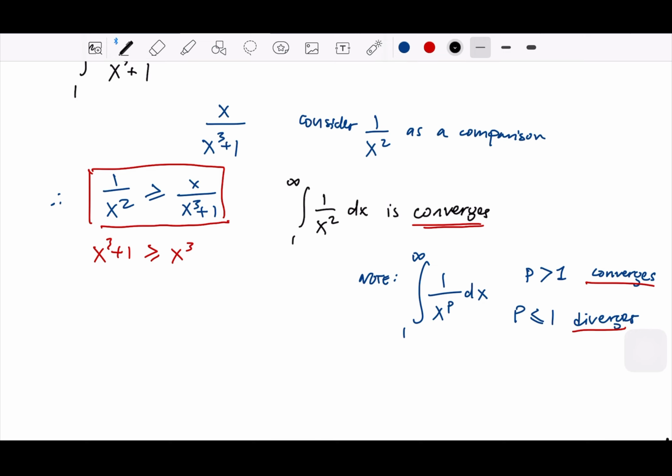So by the comparison theorem, because we know that this integral converges, and this is greater than or equal to the function that we are going to evaluate, then by the comparison theorem, the unknown function's improper integral converges.